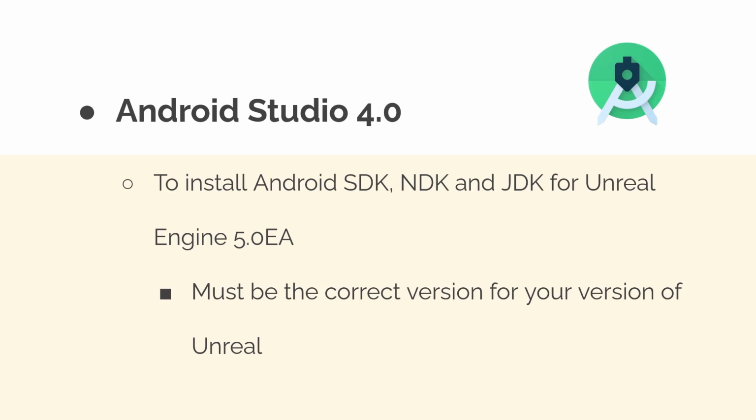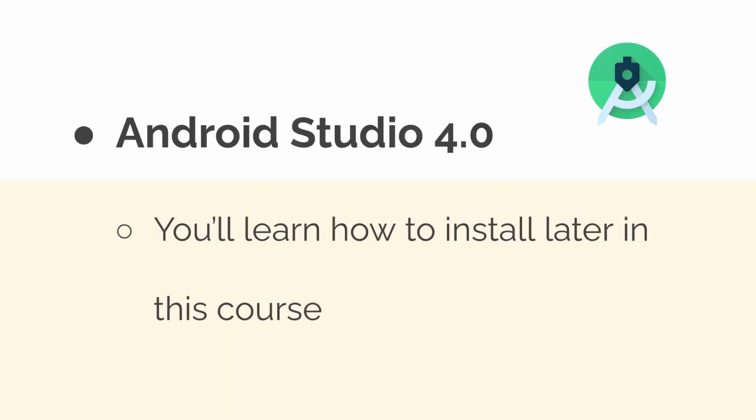Android Studio 4.0 is required to install the Android SDK, NDK, and JDK for the Unreal Engine. And you have to make sure you're using the correct version of Android Studio for your version of Unreal. And for Unreal 5, that is Android Studio 4.0.